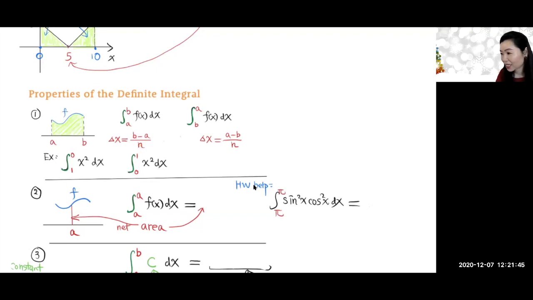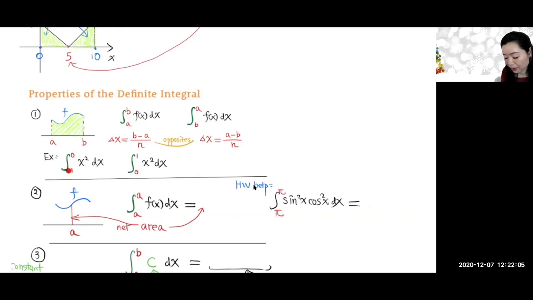We divide it into n subintervals. That's delta x. For this one here, the delta x will be (a minus b) over n. You see the delta x here? They are opposite, okay? So therefore, this integral and this integral will be opposite.